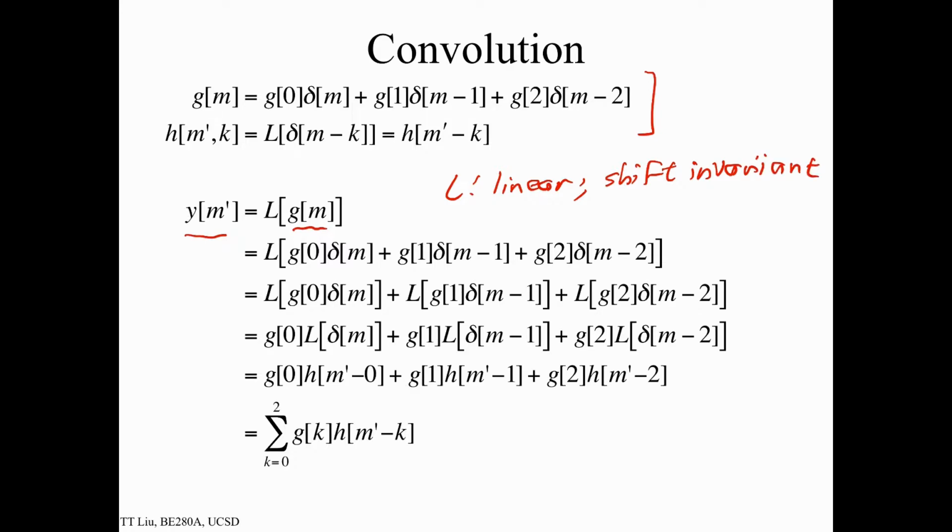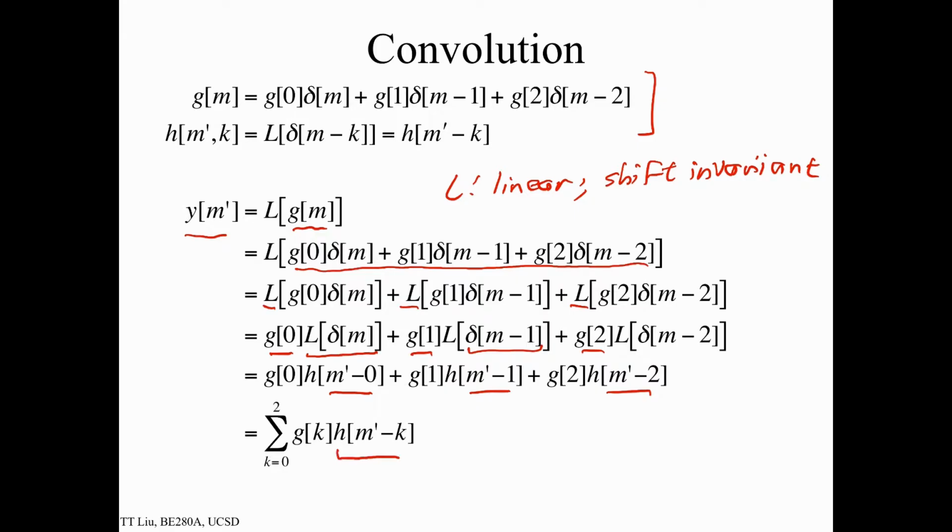So here we just have our linear system and we're putting this input here. So it's a weighted sum of Kronecker delta functions. Due to linearity, once again, we can split it up into the sum of the individual responses. And once again, due to linearity, we can factor out the scaling terms. And so now the only difference here from what we did with superposition is the linear response to each of these shifted delta functions are simply shifted versions of the original impulse response.